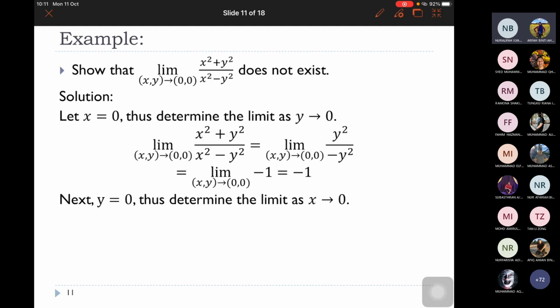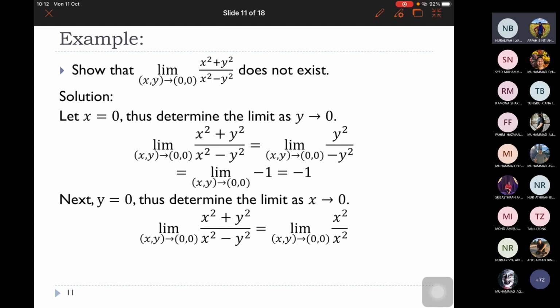So, in this case, bila y sama dengan kosong, x approaches 0, so gantikan, kita akan dapat x kuasa 2 per x kuasa 2. That is 1. Okay. So, dapat nilai yang tidak sama. Yang ini adalah sama dengan negatif 1 and this one equal to 1. So daripada left side dan juga daripada right side, the value of the limit does not the same. So the limit does not exist in this case.